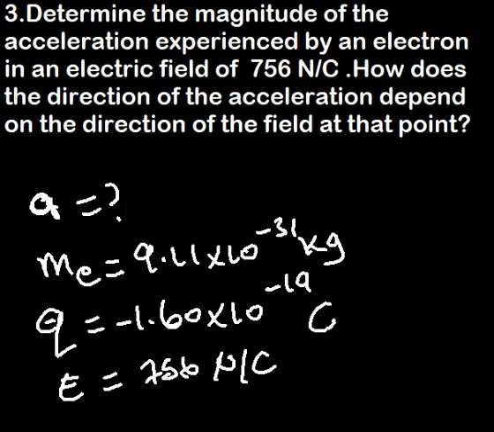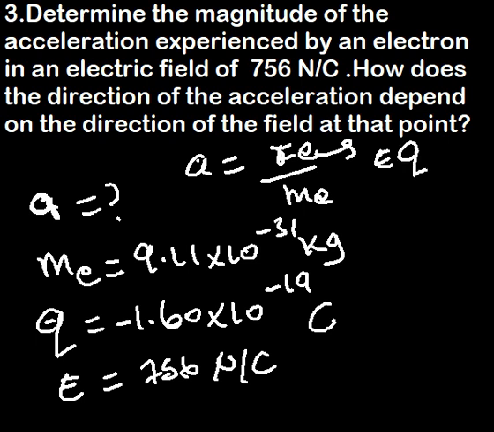So we're going to use Newton's second law of motion. Acceleration will be given as electrostatic force divided by the mass of electron. And what is the electrostatic force? Now this one is given as electric field times the magnitude of the charge. That will be given as the charge of the electron. So despite being negative, we'll be using it as a positive. We'll put it here. This is the mass. We'll have the acceleration.